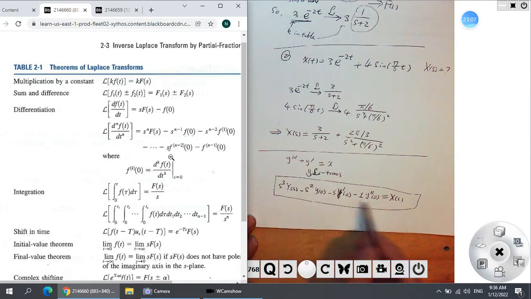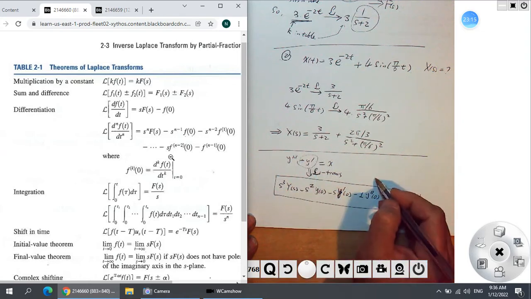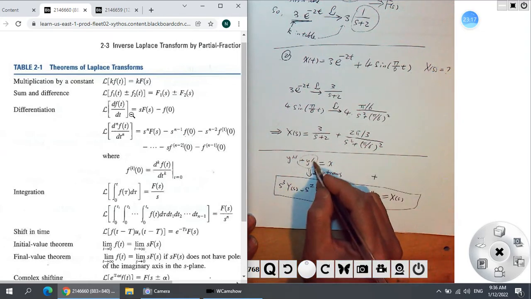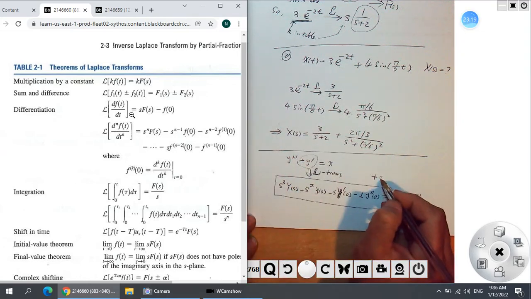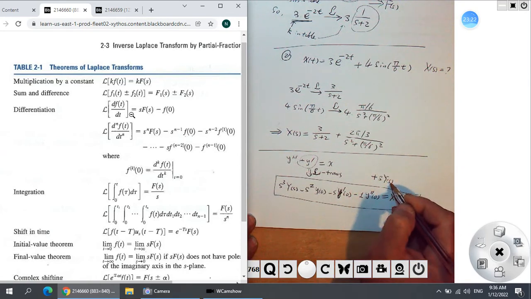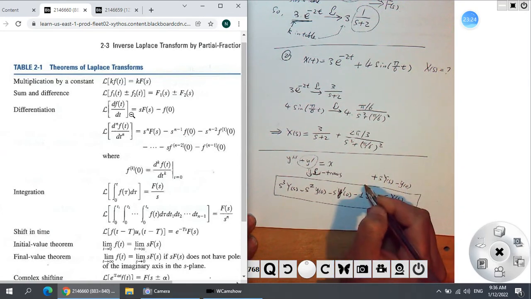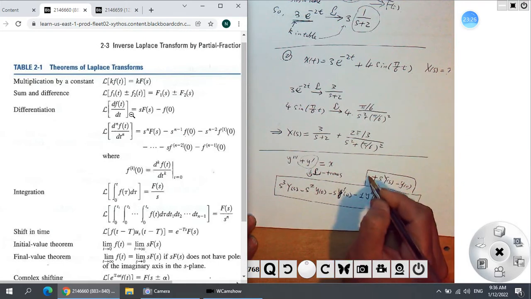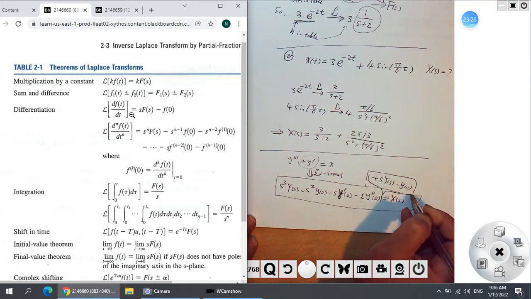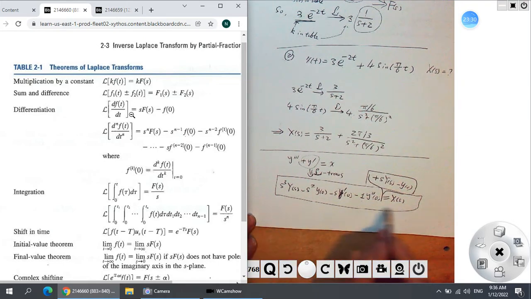We can just apply it like this one. Then from here we can have, oh, I lost one term, sorry, I forgot this one. And plus y prime, just this one is s times Y of s minus y of 0. It's here. This part will be here.